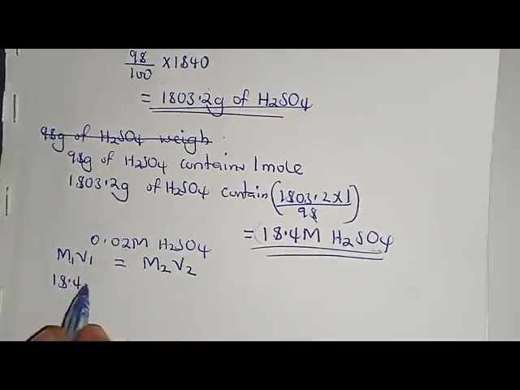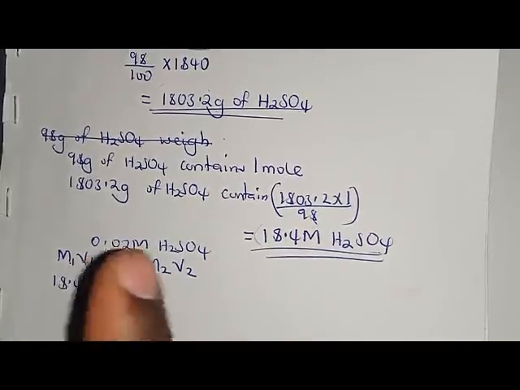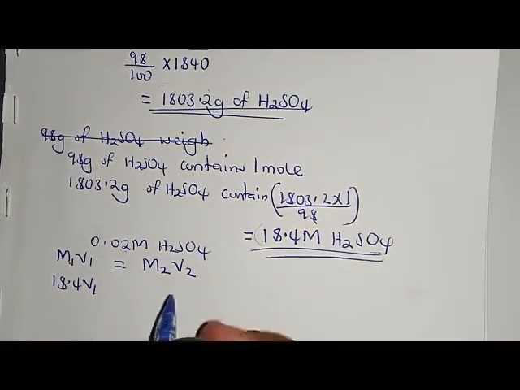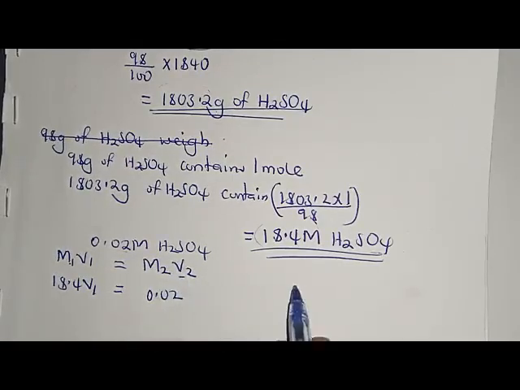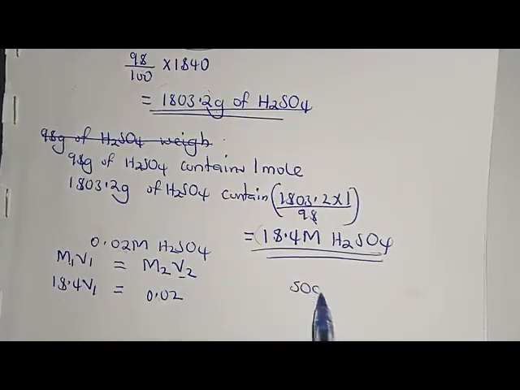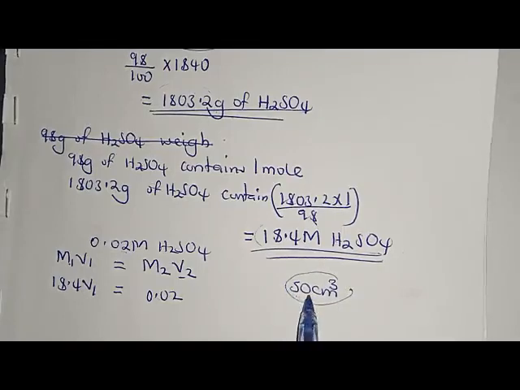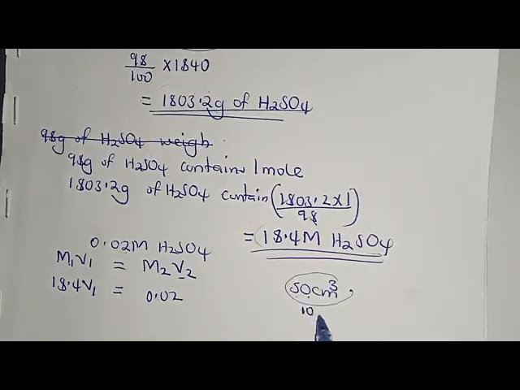Volume 1 is the volume we want to pick from the bottle to prepare the molarity of interest, equals our molarity we want to prepare, which is 0.02. Now this volume 2, you might need, for example, 5 cubic centimeters, 50 cubic centimeters. If the experiment is very small, you use 50. Maybe you have very many students, you might need 10 liters, let me say 1000 cubic centimeters, or anything. For example, in this case, let me use only 50 cubic centimeters.